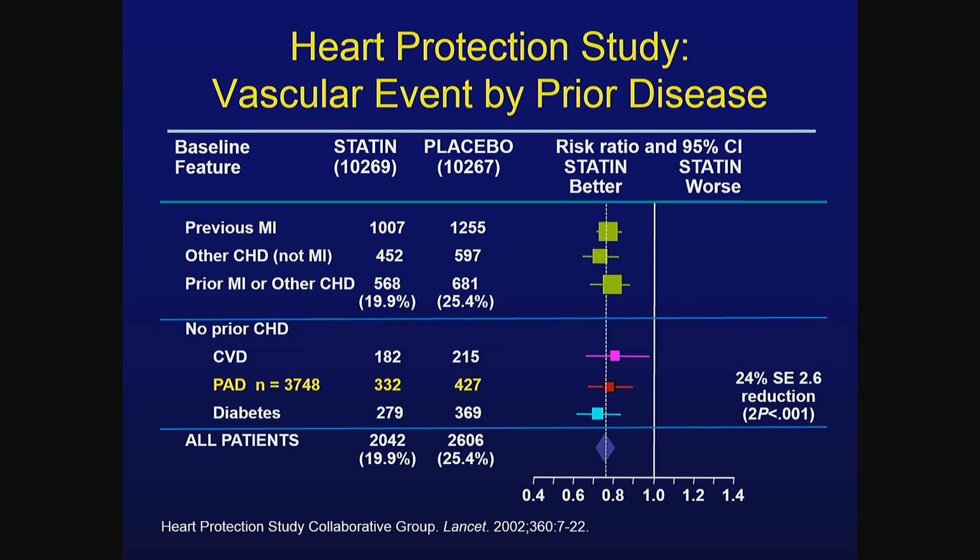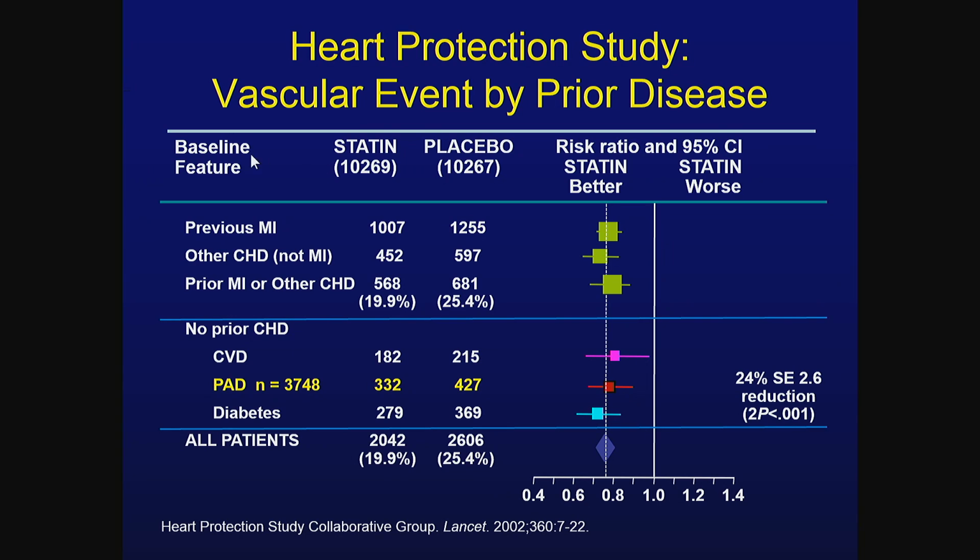The data supporting use of these individual therapies comes from numerous randomized controlled studies. To name just a few, the Heart Protection Study, for example, assessed the efficacy of cholesterol lowering with simvastatin in over 20,000 high-risk individuals, those with multiple atherosclerotic risk factors.